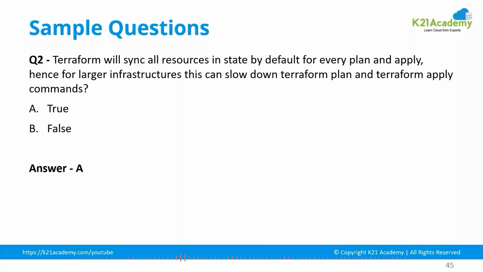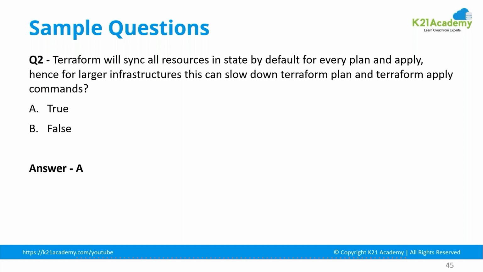So in case of large infrastructure, that is going to delay the process. Your plan command might hang for a lot of time, because it is getting refreshed and there is too much infrastructure. It needs time to check everything, because refresh is called implicitly by default. So yes, this is the true statement.